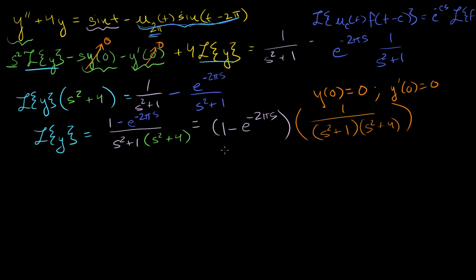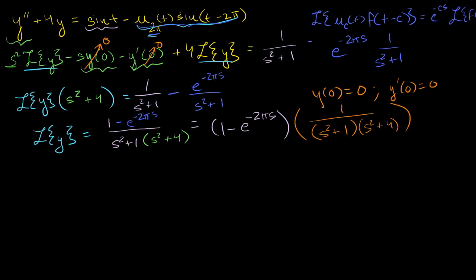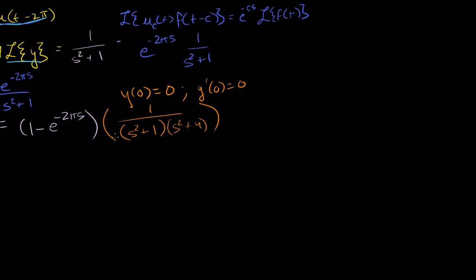So we're going to do this on the side. Maybe I should do this over on the right here. This thing, let me rewrite it, 1 over s squared plus 1 times s squared plus 4, should be able to be rewritten as two separate fractions, s squared plus 1 and s squared plus 4, with the numerators as plus b, it's going to have degree 1, because this is degree 2 here, and then cs plus d.